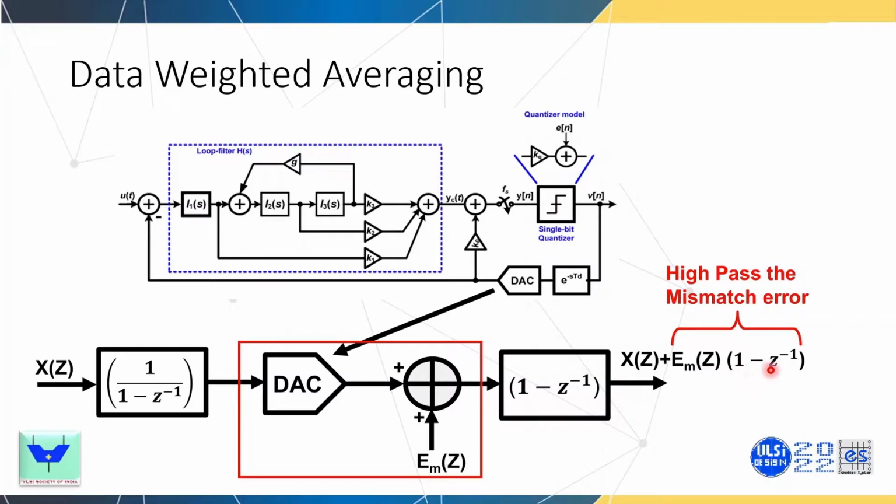The 1 minus z inverse is the high pass transfer function. And if you implement the first order DWA, we do get a reduction in the DAC error that is being injected into the loop.